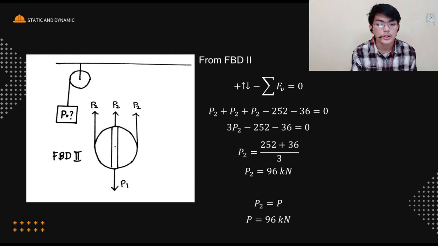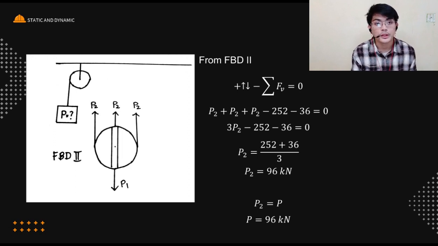Our P2s going up are positive, and our force P1 going down equals 252, as we solved earlier, and the weight of each pulley is 36, going down as well, so negative 36 equal to 0.